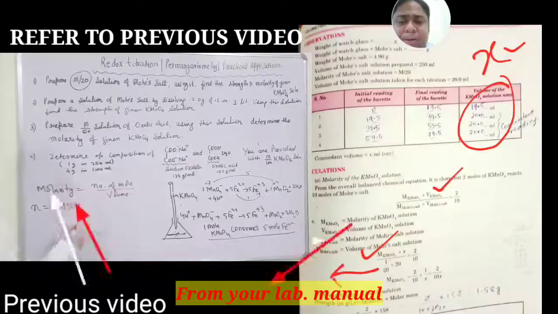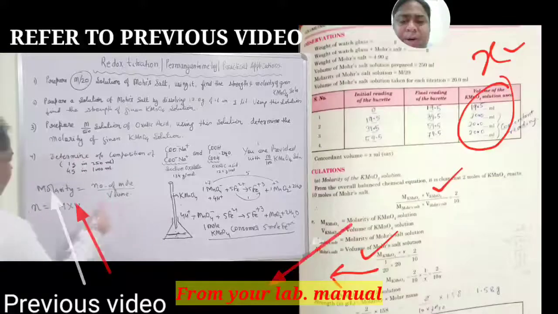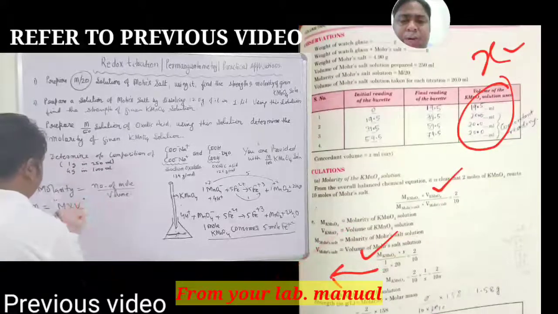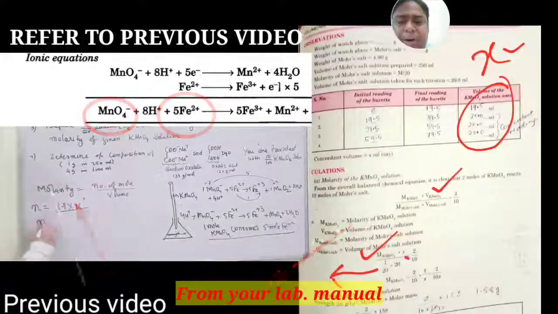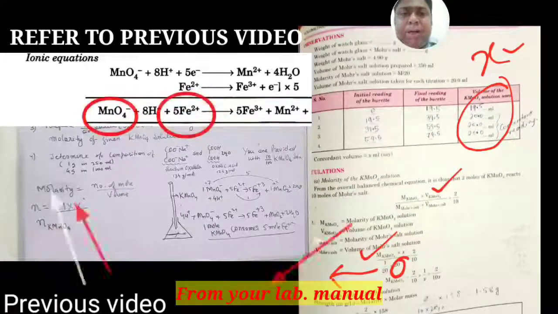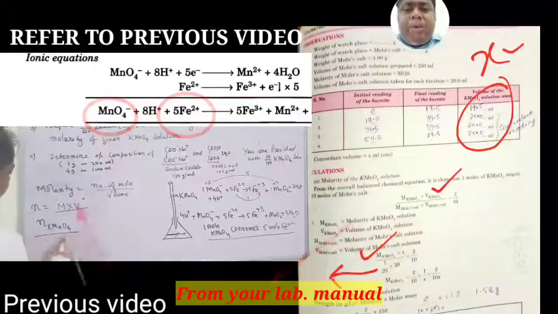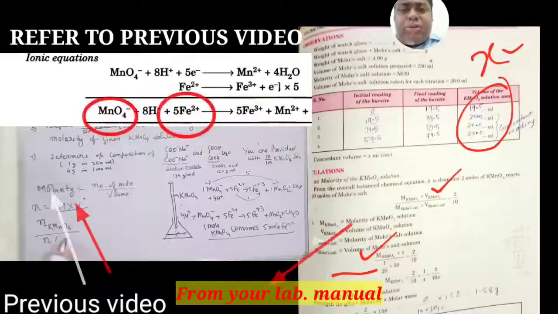If you remember, we had taken 4.9 gram of Mohr's salt and we dissolved it in 250 ml of water. We did this in the first task itself. Multiplied by 20 ml of Mohr's salt which we had pipetted out. With the help of a pipette, we pipetted out and we added H2SO4 solution to that.